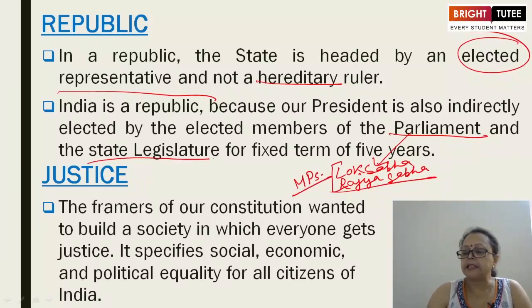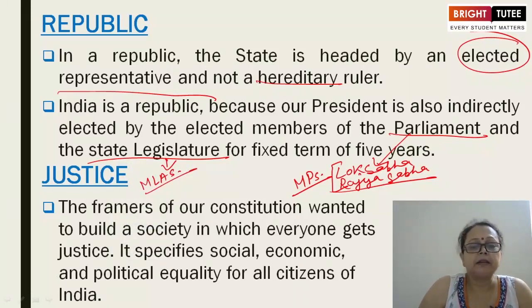And the state legislature, all the MLAs. They participate in the election process of the president, and the term of the president is also fixed for 5 years. So this is the provision done in the constitution, and this is the meaning of the republic.